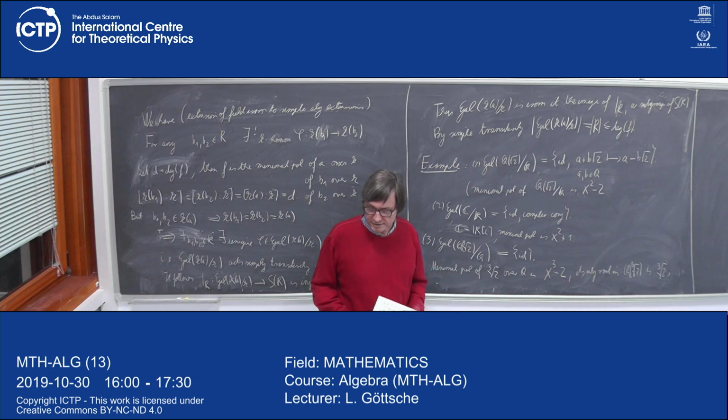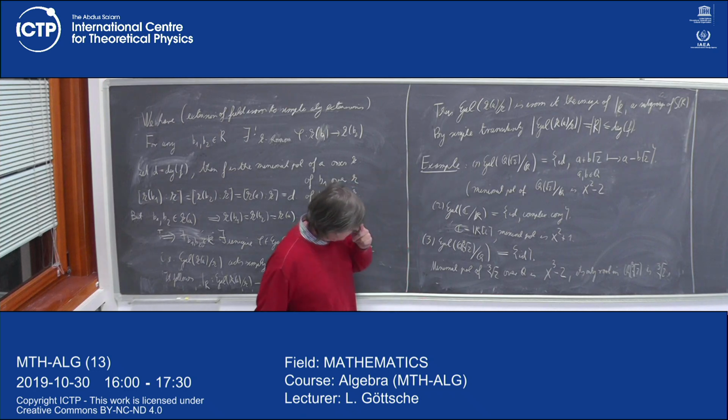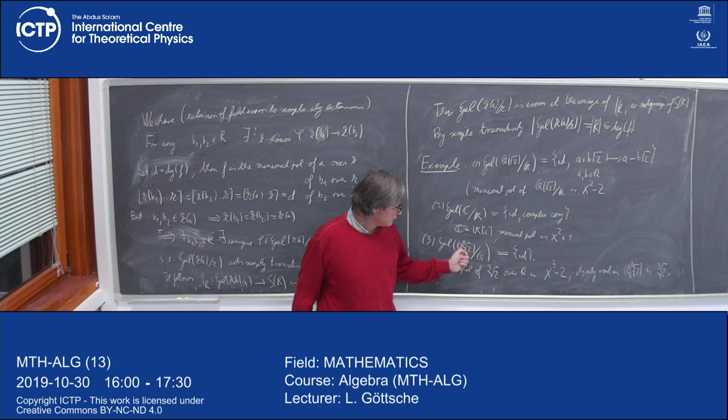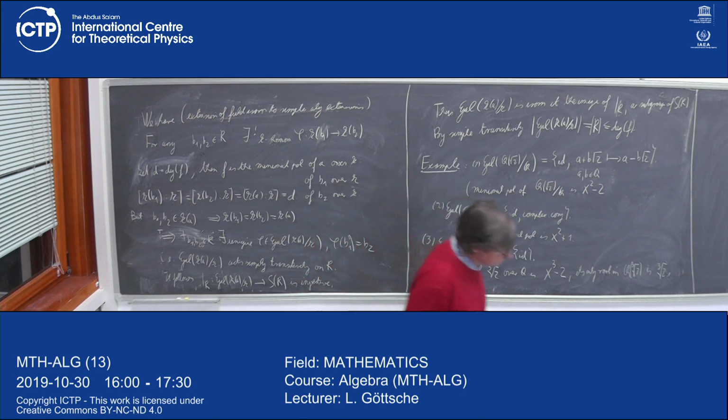In this case, I think the group has three elements. But basically, whenever we only take one root, obviously we can make a larger extension. We can take all the roots.